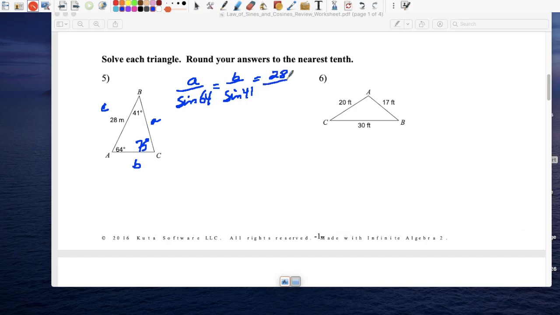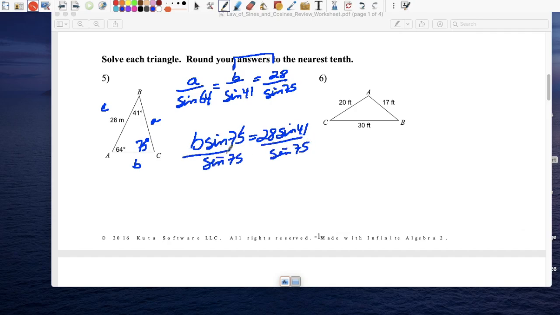Its side is 28 and the angle is 75. So let's cross multiply these two. They're adjacent and next to each other. So if you cross multiply, you get b sine of 75 equals 28 sine of 41. We're going to divide both sides by sine of 75. That crosses over, and we get the measurement of side B.